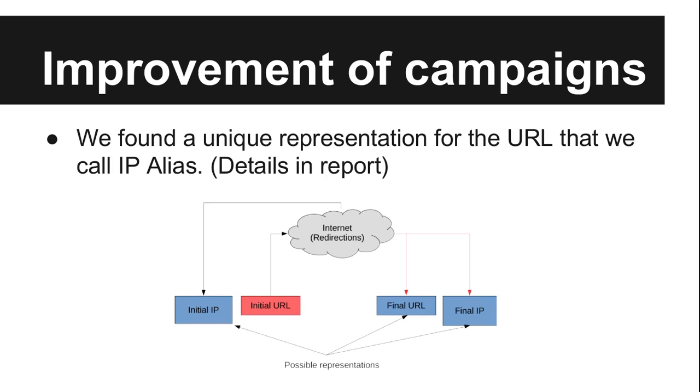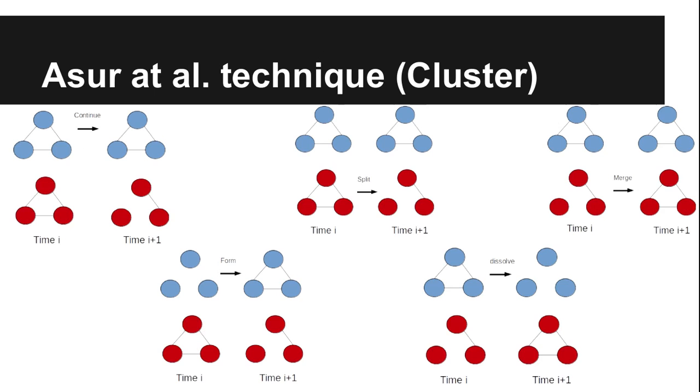Here you have an overview of the possible representations of a URL. The IPs that we use are the initial and final IPs, and we explain it in the final report, as I said. So now, here we get to the paper from KDD, written by Azure et al.